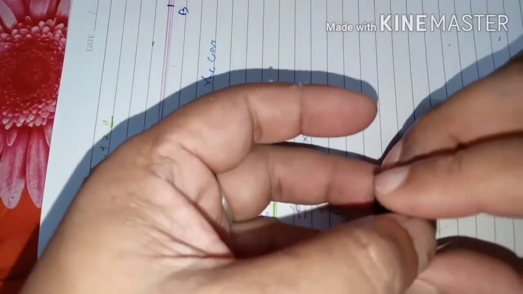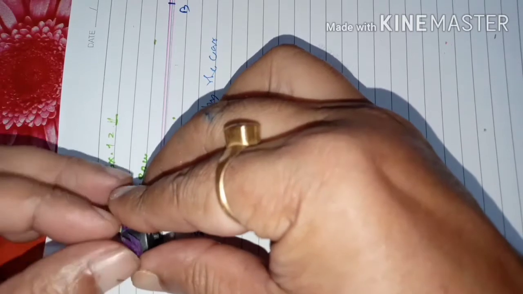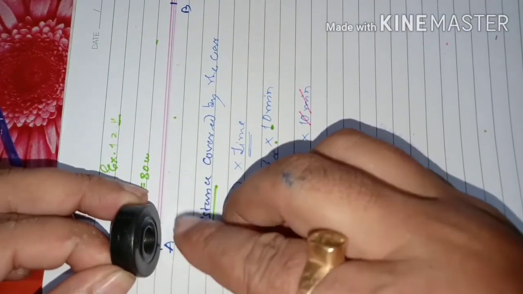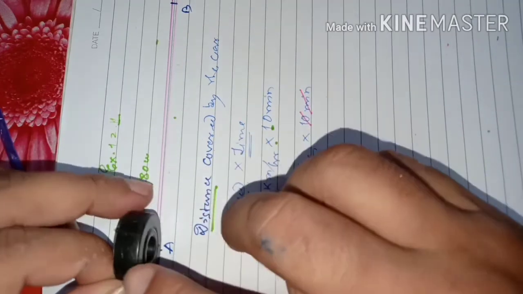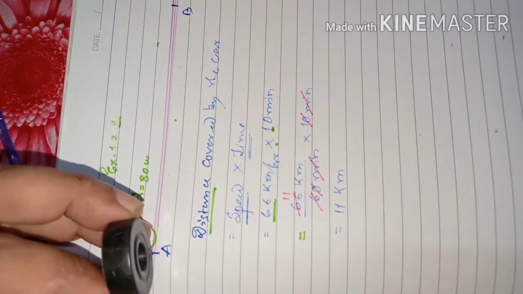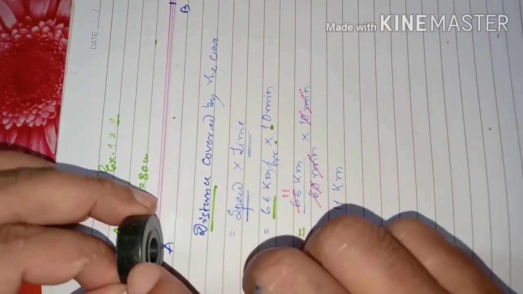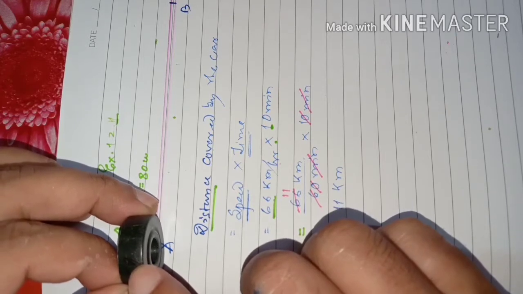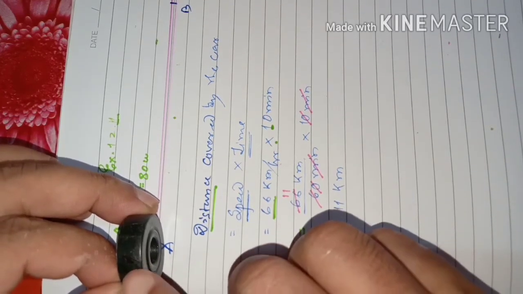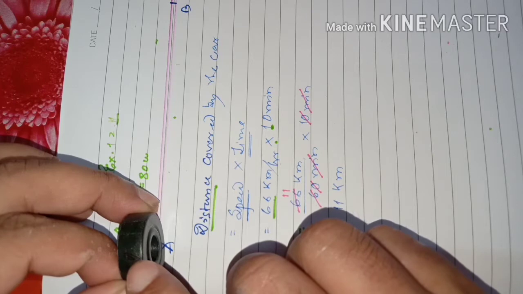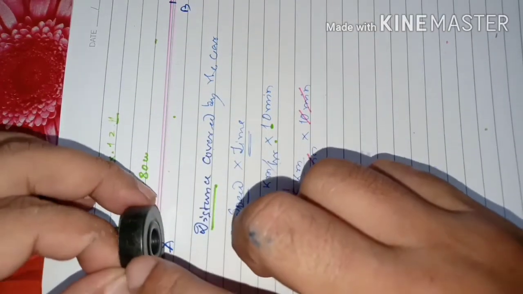When the wheel will rotate on the road this way, in one revolution, suppose it is going from A. One revolution means here is a marking. Suppose I have given a marking here, facing upward. When it will come again to this position, this marking will come to this position, then I will think that it has made one complete revolution.